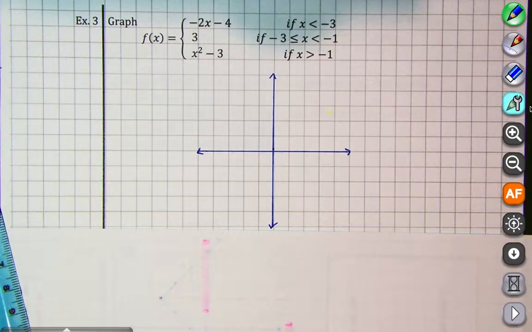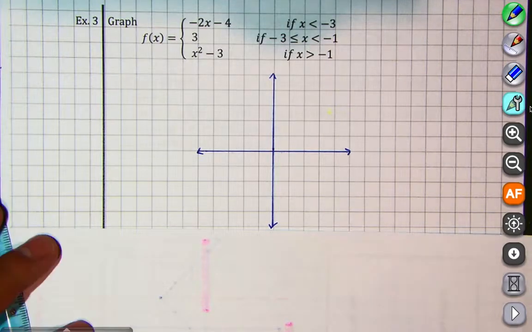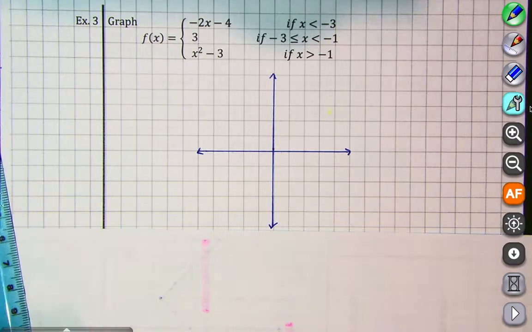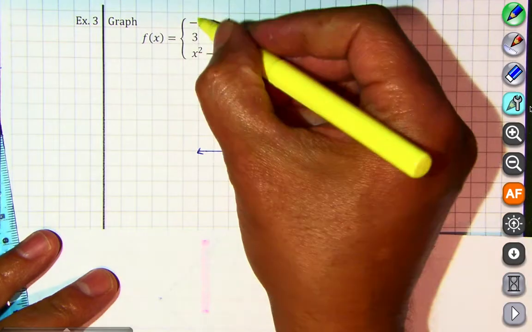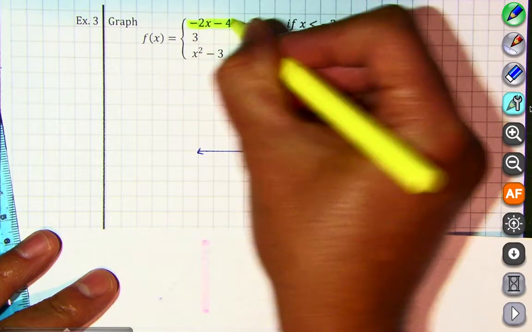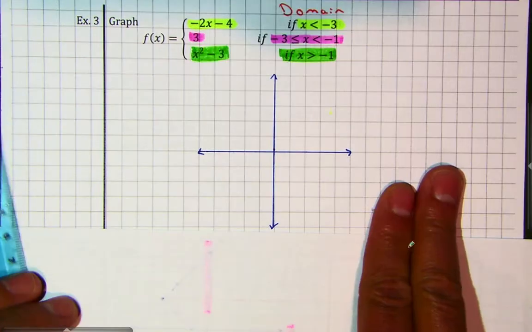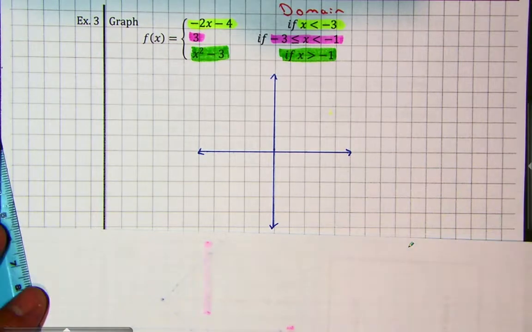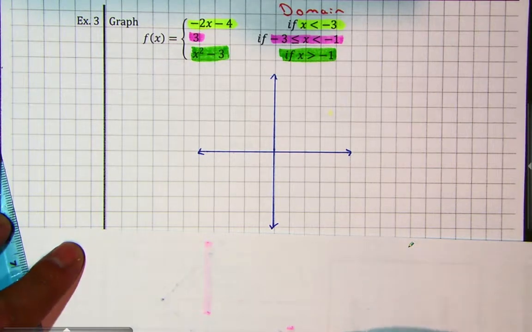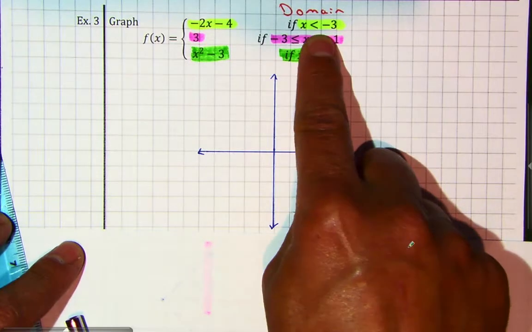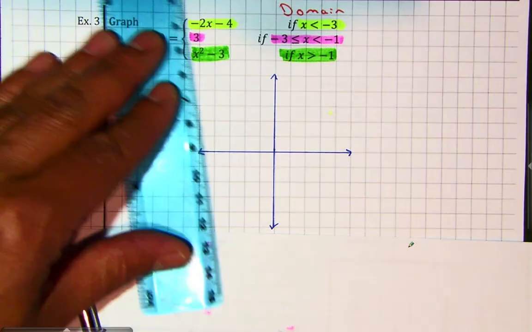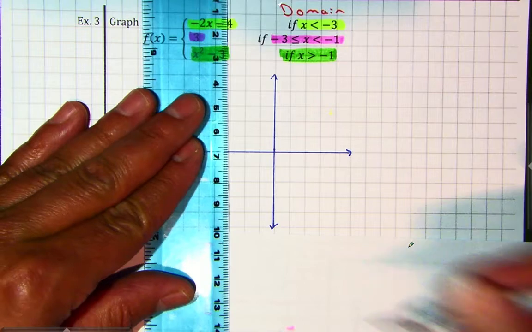So we made a 5x5 graph, and now we have a piecewise function that has 3 components. The first one, and remember that this is your domain. Excellent. So in this case, my first part of the domain is when x is less than -3. So -3 is here. I'm going to place my dash.